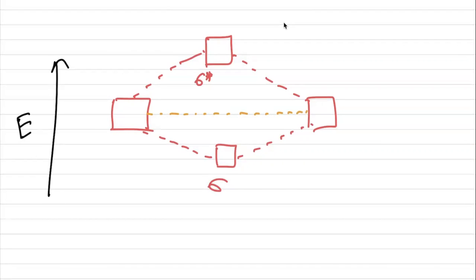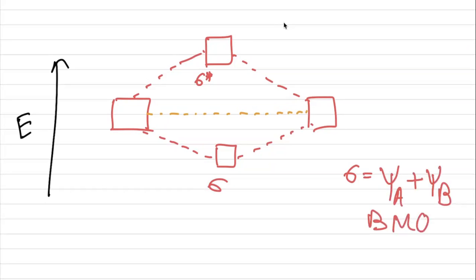In case of sigma, psi A plus psi B, that means two wave functions. In case of two wave functions, interaction will take place. In case of bonding molecular orbital, psi A plus psi B, that means interaction between the phases of the molecular orbital will occur.